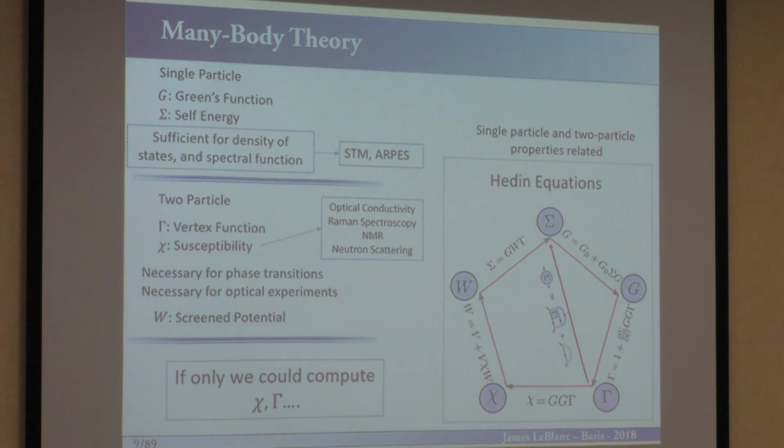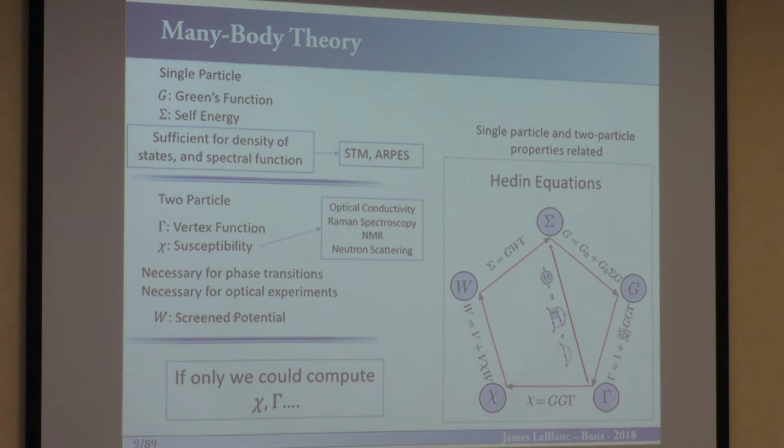There's other objects, for example, screened potentials. If you've ever heard of a GW approximation, you may have encountered that in density functional theory plus GW, et cetera. And when you put all of these things together, you get what are referred to as the Hedin equations, which show you that Dyson's equation is really just a very small part of the relationships between these standard many-body objects.